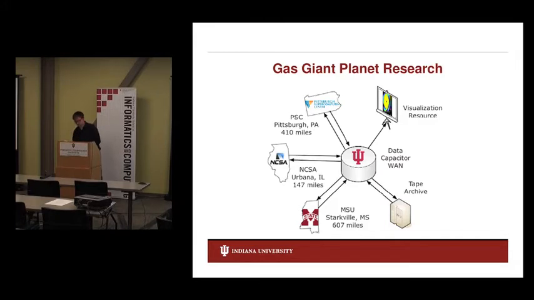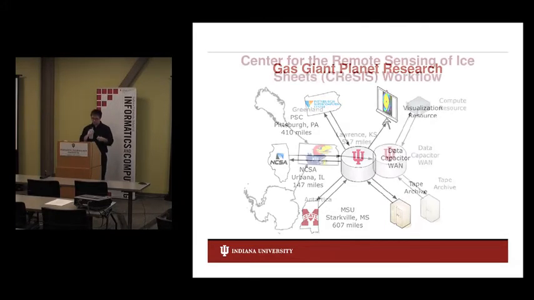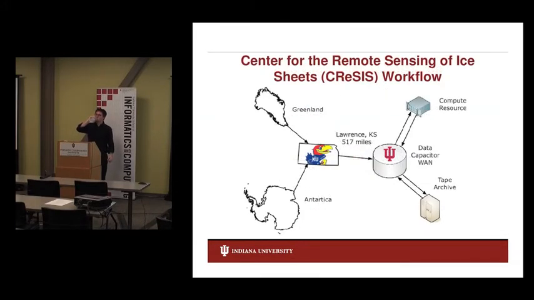Hi. So what are the client requirements if you want to hook up to the DC WAN, the data capacitor? Sure. So Lustre is distributed under the GNU GPL. The clients are available for Linux.